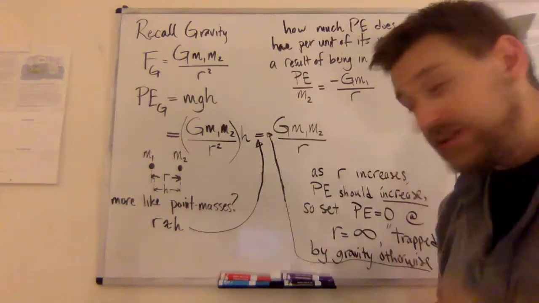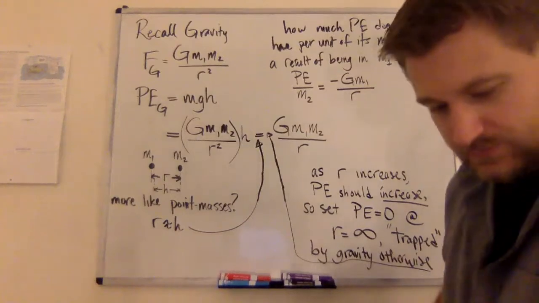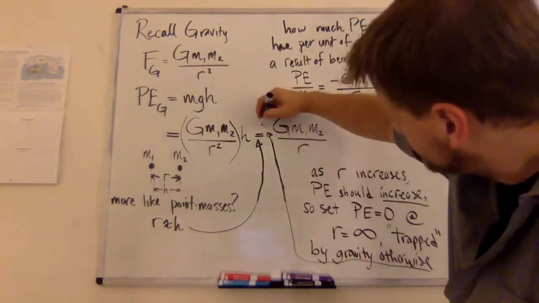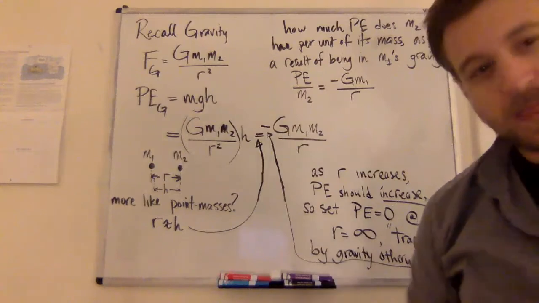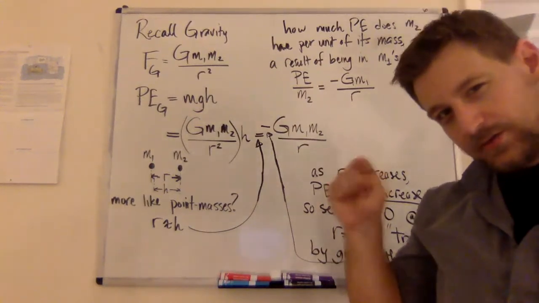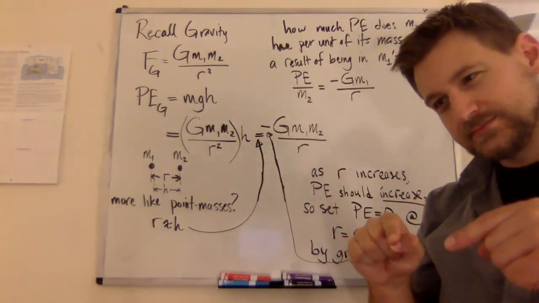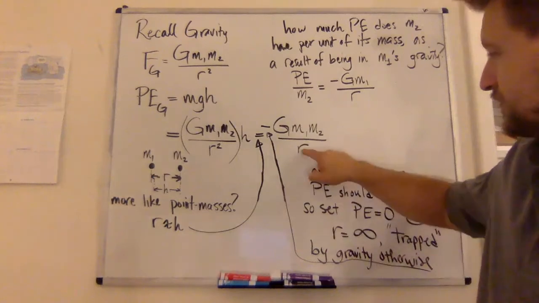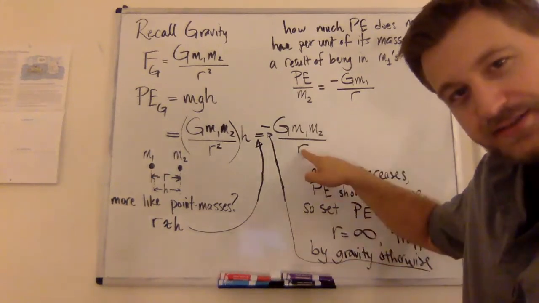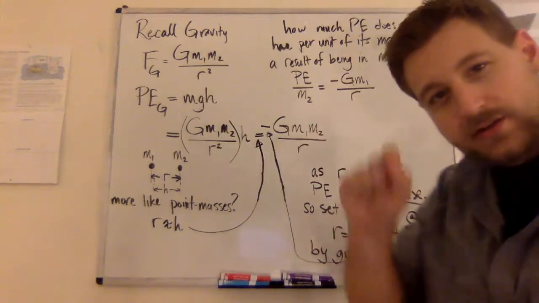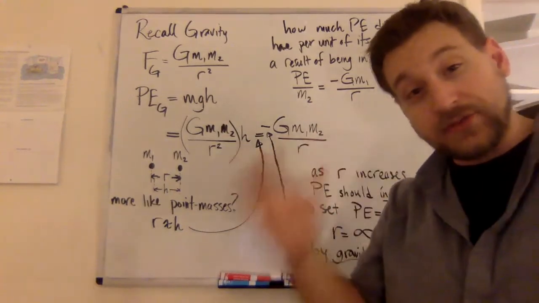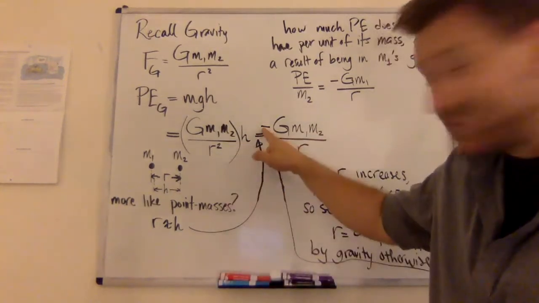If we do that, the closer we get, R decreases. A smaller denominator means a greater fraction, but it's negative.